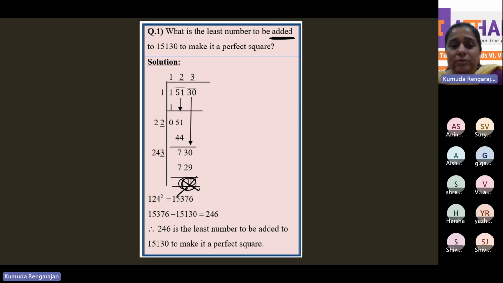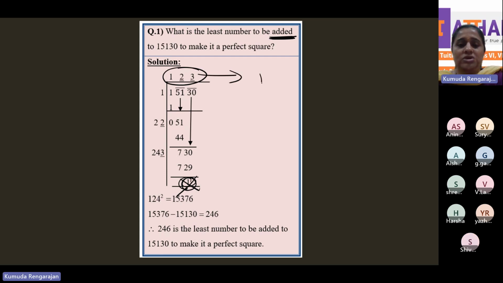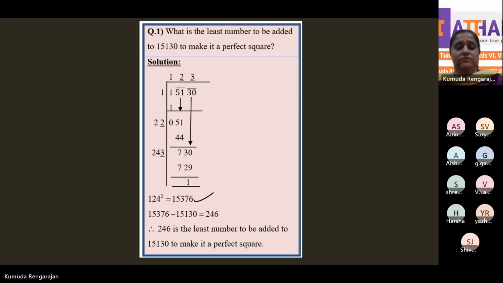If you have to find the number to be added, go to the quotient you've got, write the successor of the quotient, and find its square. That is, find 124 into 124. And that is 15,376. Now this one minus the given number, 246. And that is the smallest number which is to be added.